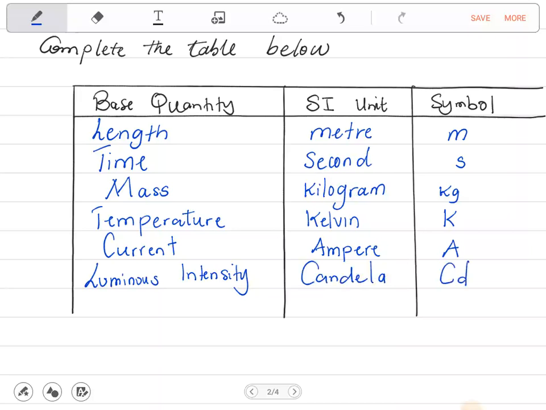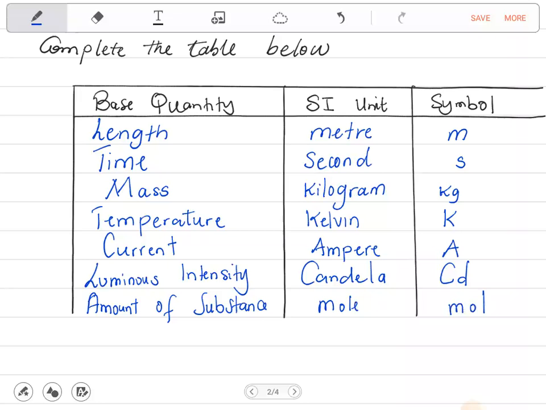Then the last one but not the least is amount of substance. The SI unit for amount of substance is what we call the mole, symbolized as mol.